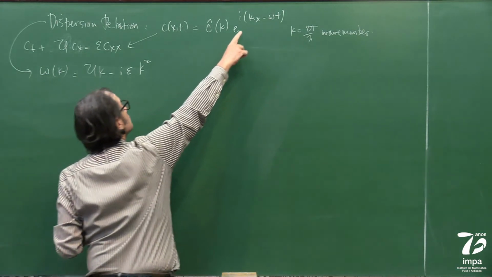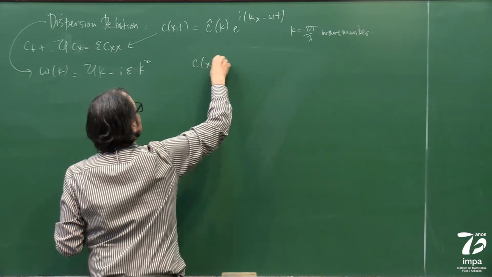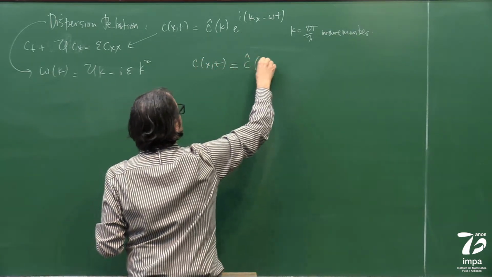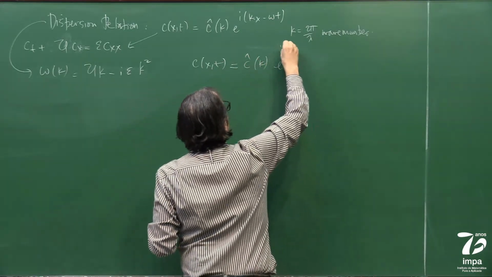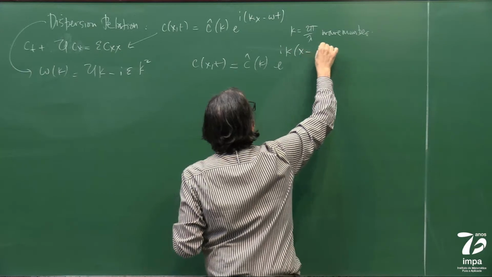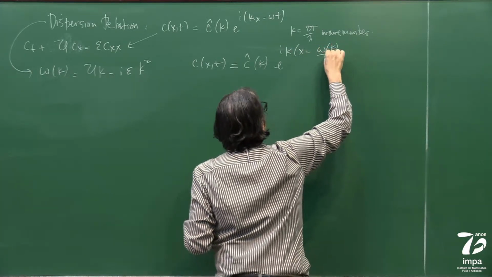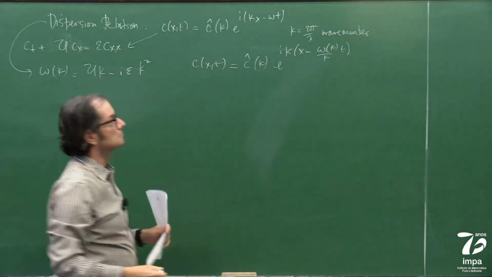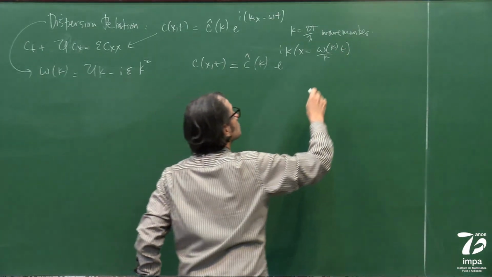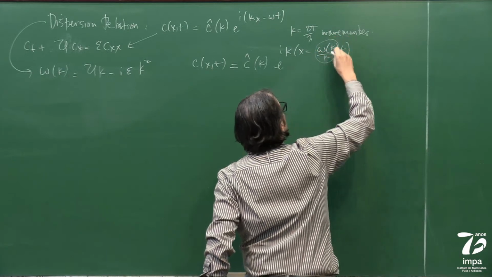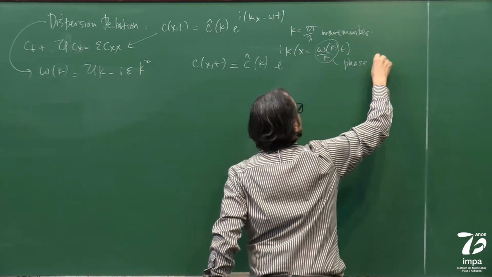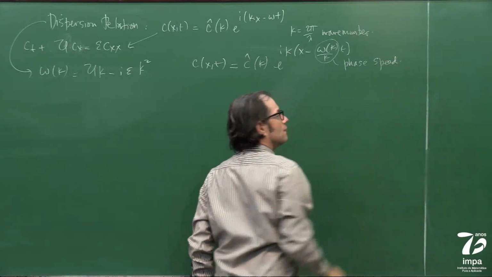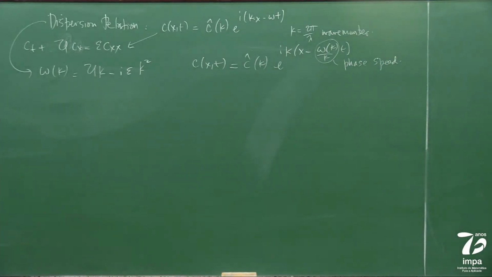You plug this in here, and you get that the solution is going to be, this is just the amplitude of this Fourier mode, e to the i(kx minus omega(k)/k t). And this is called the phase speed, being the speed of the crest of the wave. It's a phase, say 0 to pi, whatever.